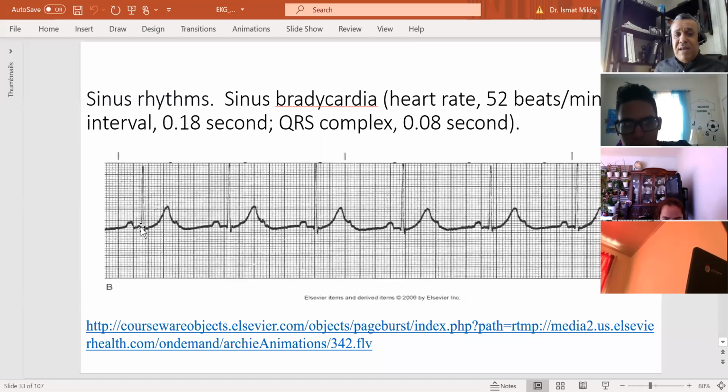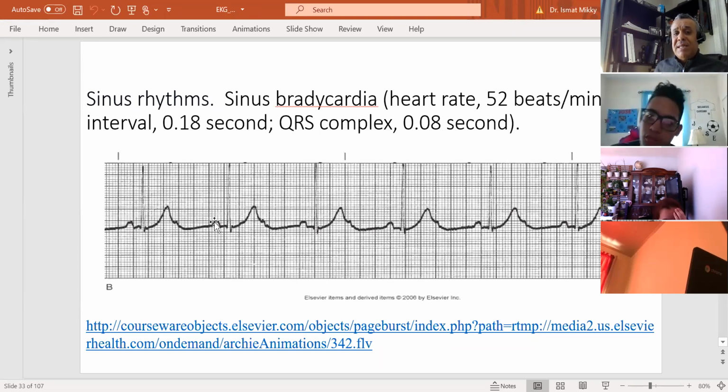The P wave is nicely deflected, QRS also nicely deflected on the y axis, and then the T wave, then P QRS, T, P QRS, and then T. As you move along and analyze the whole strip, at least within the 6-second strip analysis, you'll find there is a rhythm that is normal.